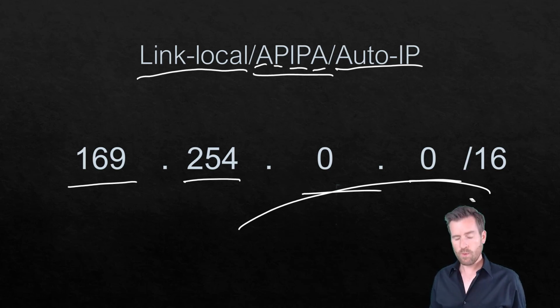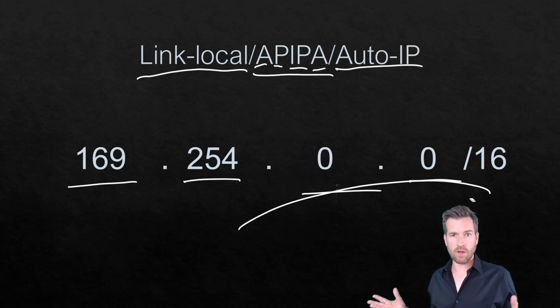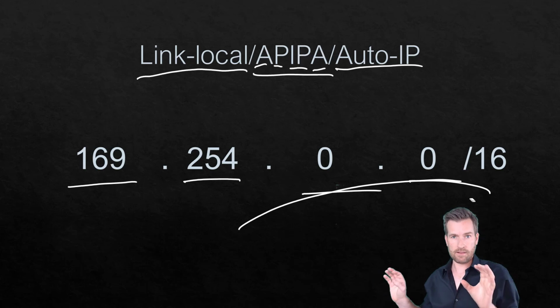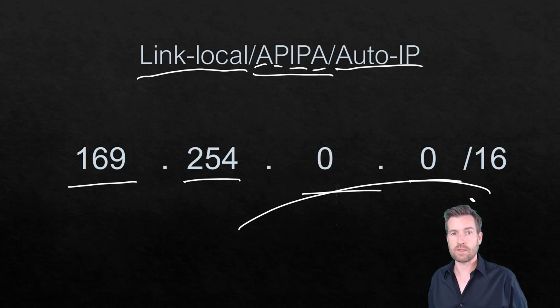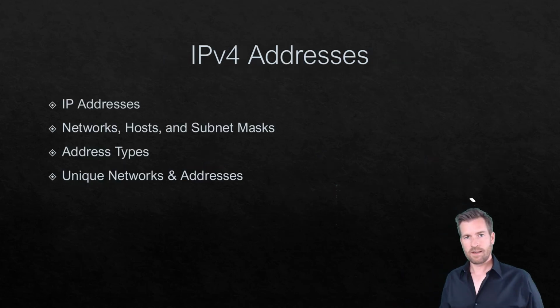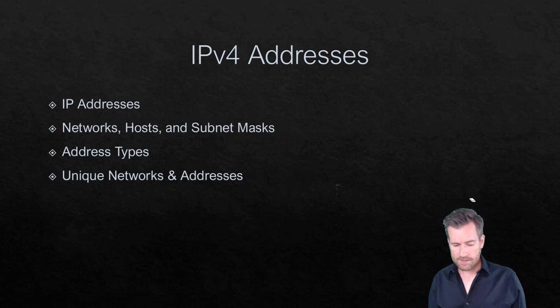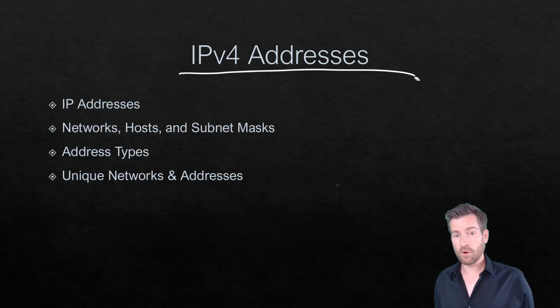So that's a way to network devices that don't have a DHCP server, connect these devices, do some configuration, and at least do some sort of communication, even if it's not going to communicate to the outside world. All right, that was just some brief concepts around IPv4 addresses.